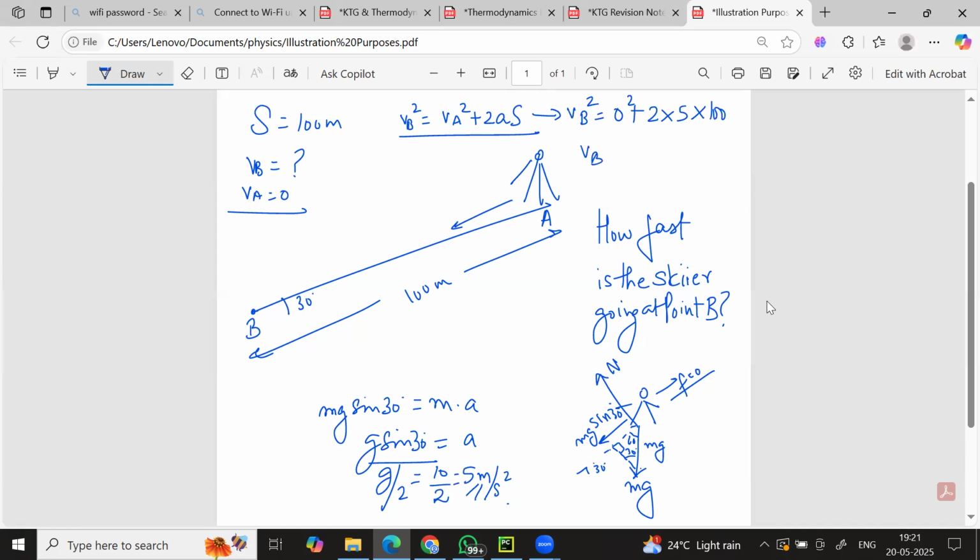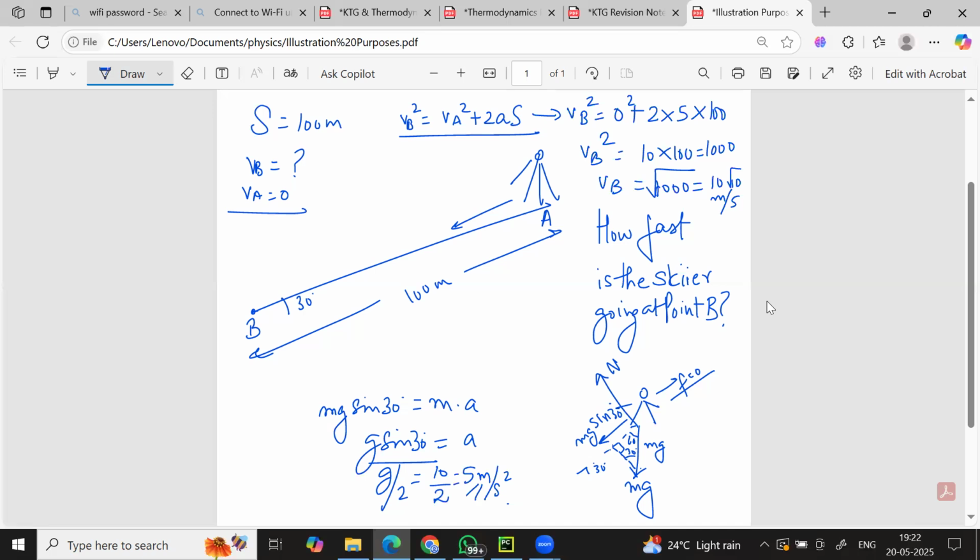This gives VB square equals 10 times 100, which is 1,000. So VB equals the root of 1,000, which is approximately 10 times root 10 meters per second. And that's how we can find out how fast the skier is going at point B.